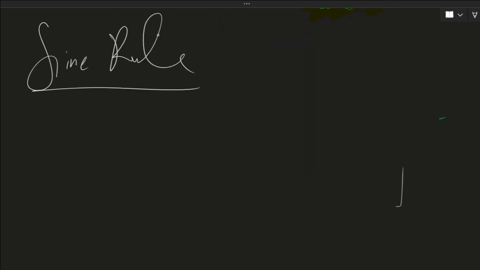Now the sine rule is pretty much as important as the cosine rule. What's the sine rule?